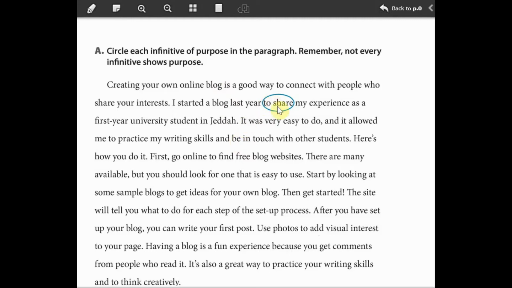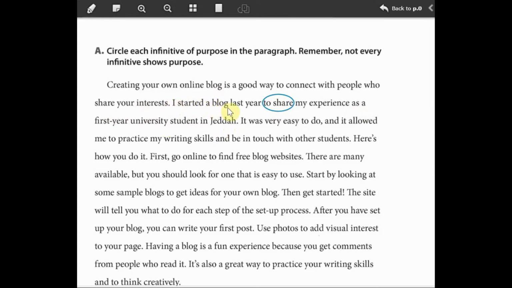We have the first one done for us here. The sentence reads, I started a blog last year to share my experience as a first-year university student in Jeddah. To share is an infinitive of purpose because it answers the question why I started the blog.